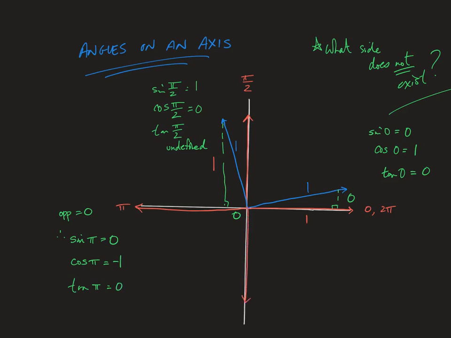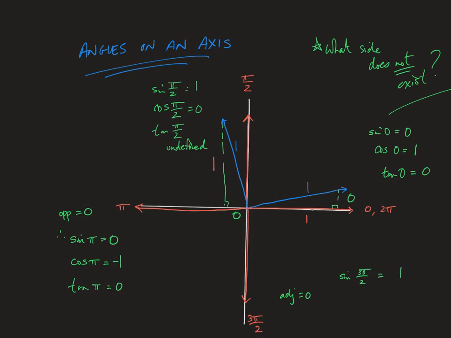We take a look. If I was to rotate 3 pi by 2, so now I'm on the negative y-axis, which side doesn't exist if I'm vertical? My horizontal side. So my adjacent side is nothing. Therefore, the sine of 3 pi by 2, since sine is the opposite, it has to be 1.